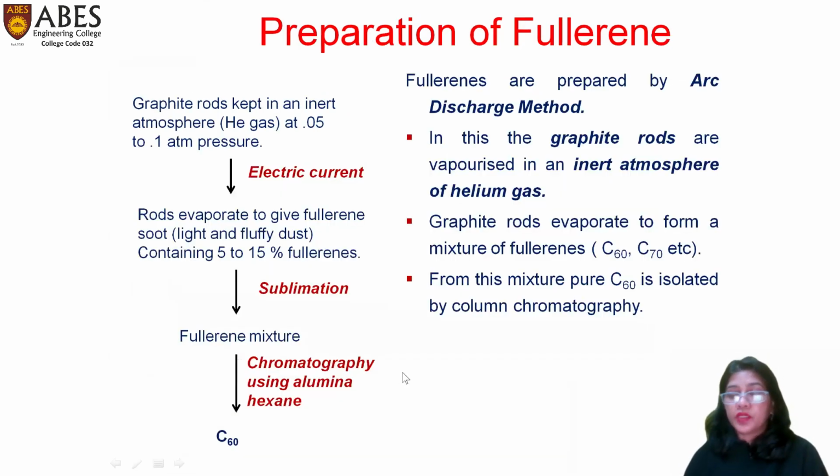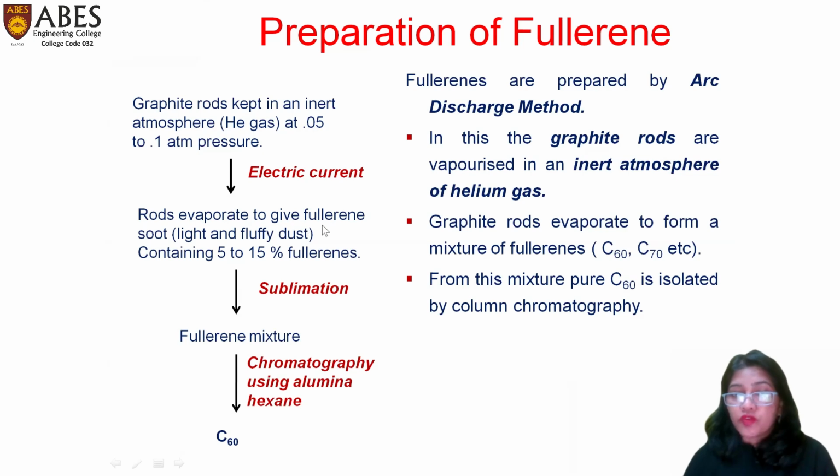Preparation of fullerene. It is prepared by the arc discharge method, where graphite rods are kept in an inert atmosphere at a pressure of 0.05 to 1 atm, and an electric arc is sparked between the two graphite electrodes. The electrodes evaporate and form soot.